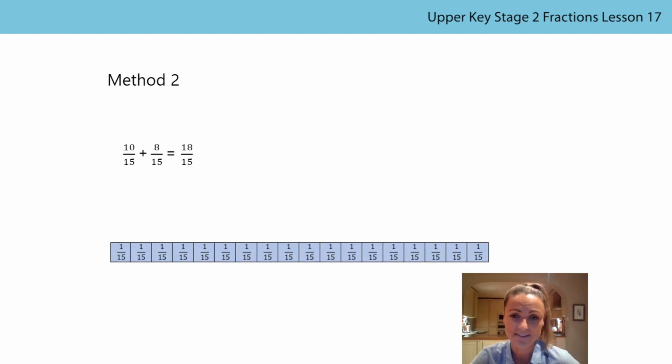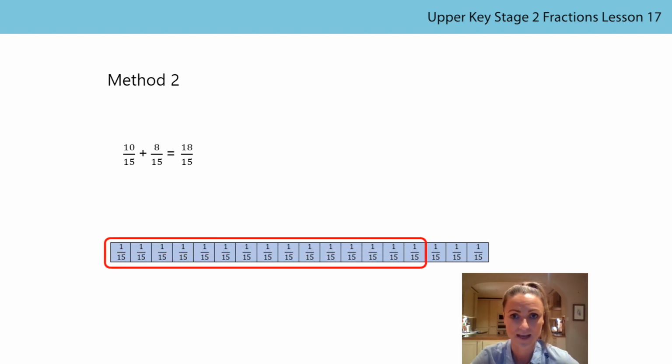We can see 18/15 here, and we know that 1 whole will be made up of 15/15, and we can identify that here. So we've got 1 whole, and then we've got 3 remaining 15ths, 3/15.